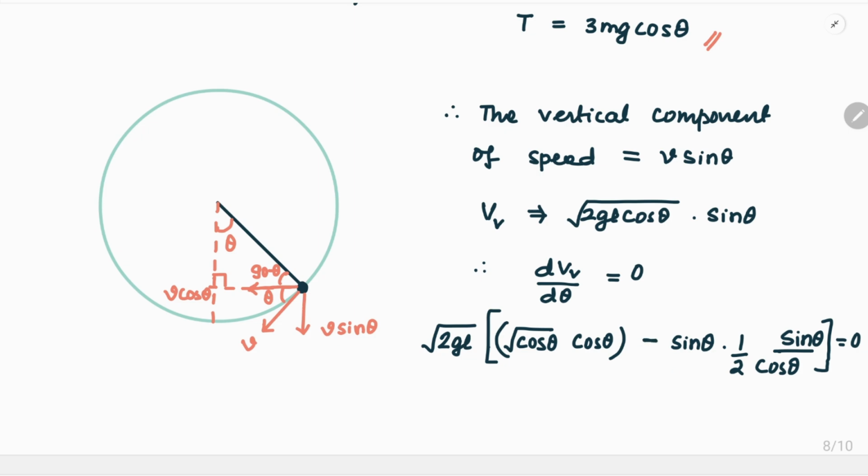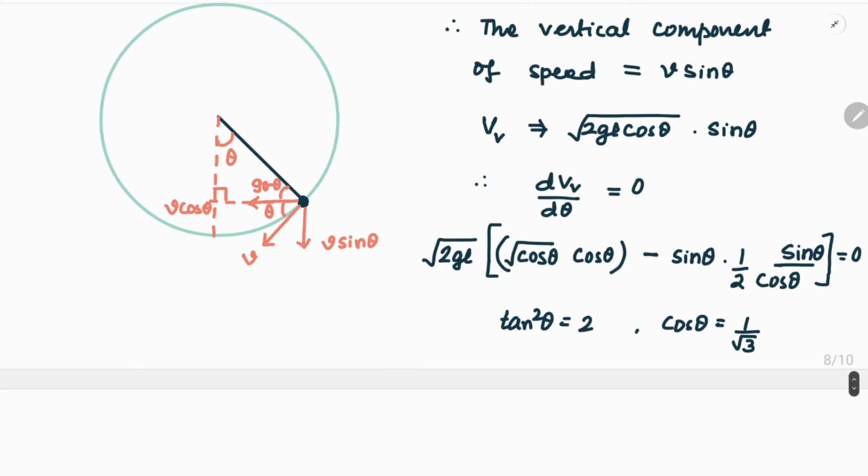We equate this to 0, and on solving we obtain tan square theta equals 2, and therefore cos theta, which is needed for the problem, is equal to 1 by root 3.